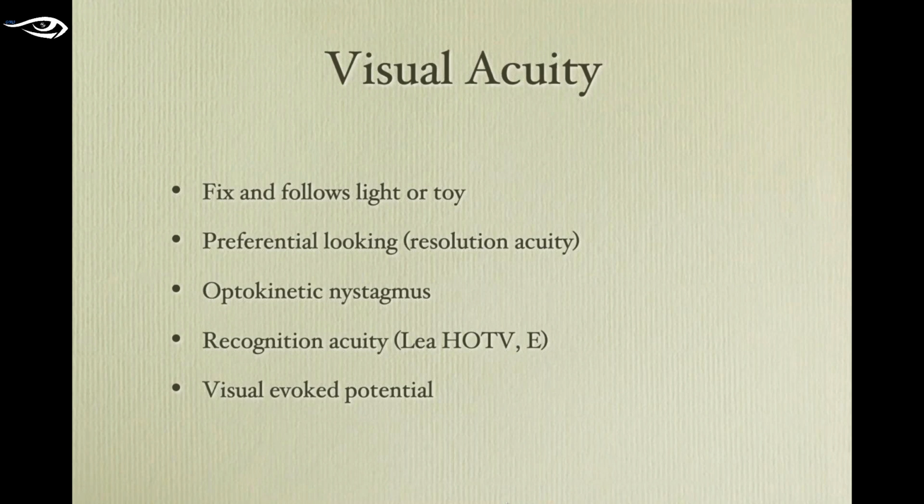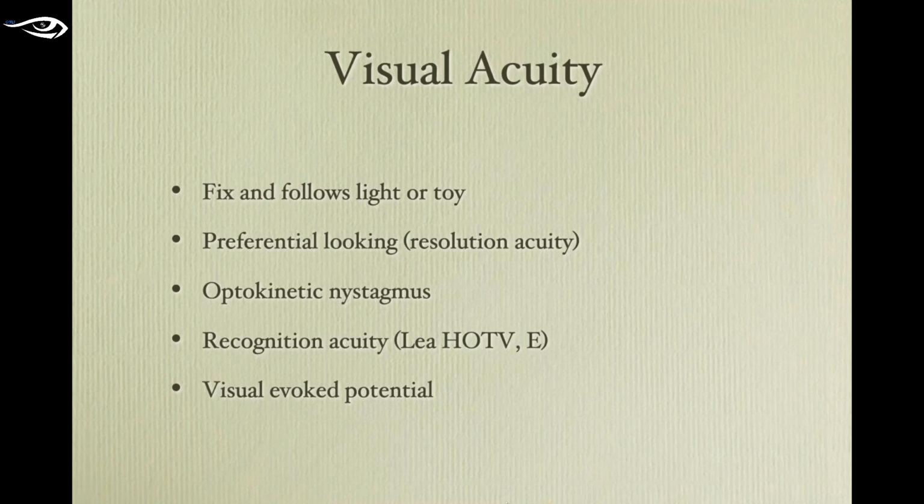But the simplest way that I assess visual acuity as I'm beginning the process is simply hold a favorite toy, begin doing a cover test, and I'll usually just use my thumb in front of a child's eye. I'm just trying to break up fixation. So I'll do a cover test as I'm moving that toy in different positions of gaze.